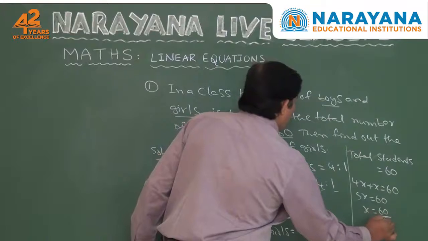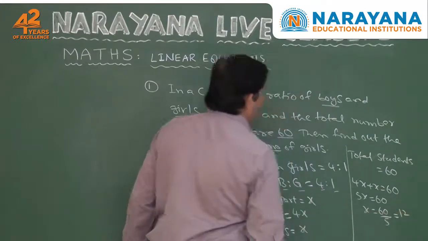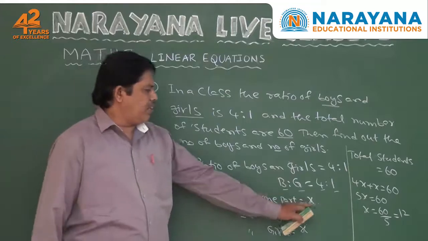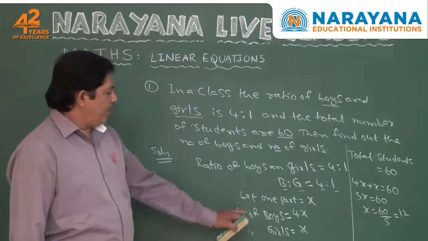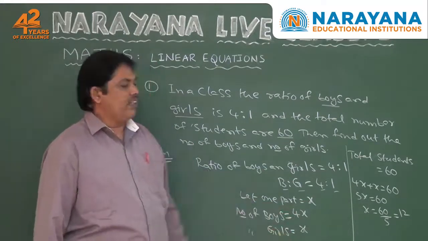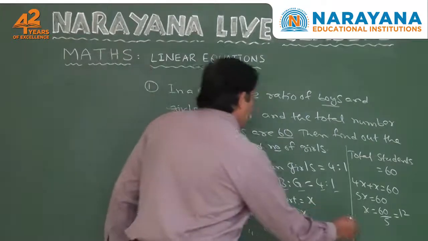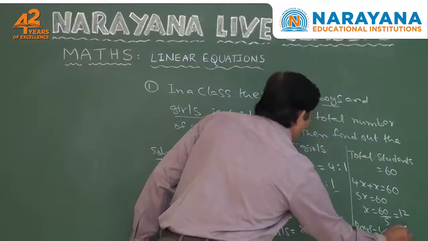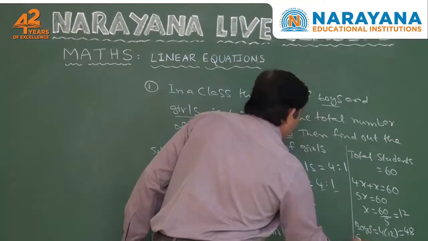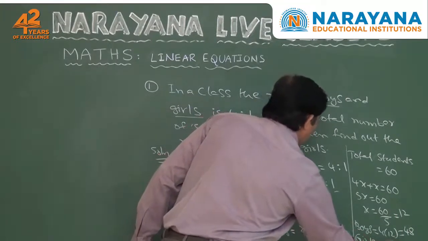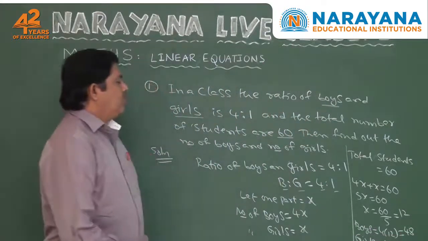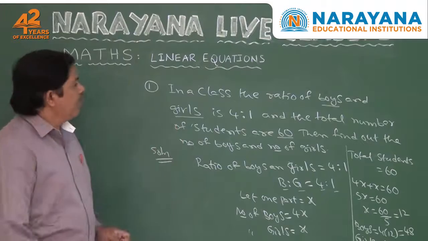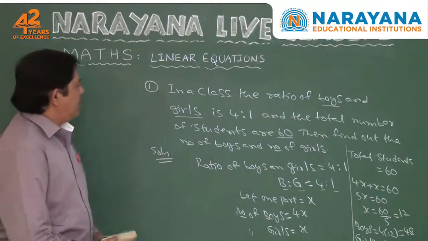So x equal to 60 by 5, that equals 12. So x equal to 12, that means each part is 12. The number of boys is 4x, that means 4 into 12, that is 48, and the number of girls equal to x, that is 12. So this is the process to solve word problems. Okay, coming to another example.